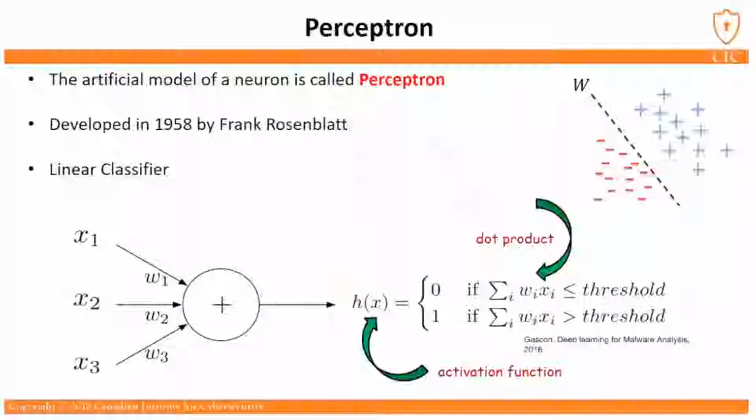As we can see here, a perceptron has some inputs, x1, x2, x3, and some weights, and it outputs based on an activation function that decides whether it fires or not, based on the weighted summation of the inputs. The weight vector defines a hyperplane that acts as a classifier.